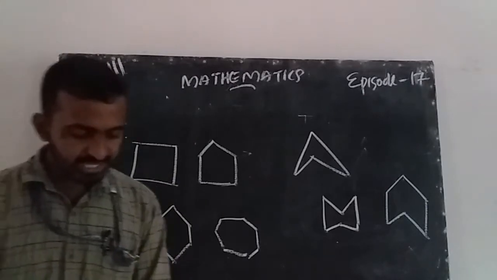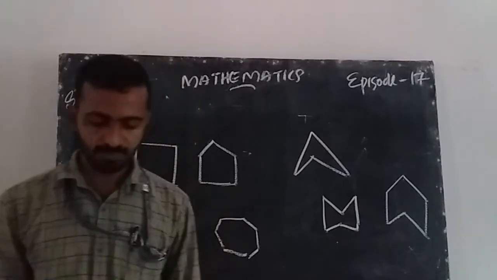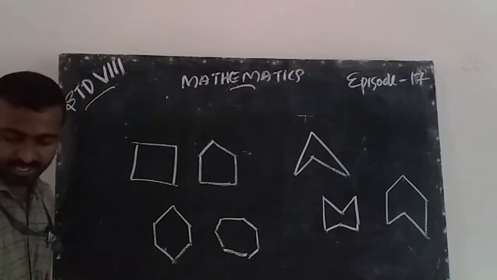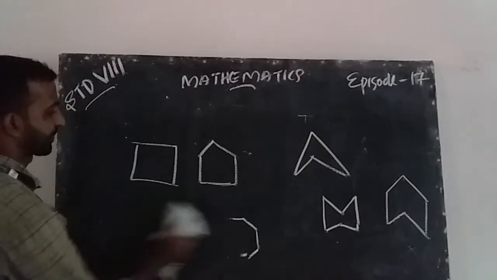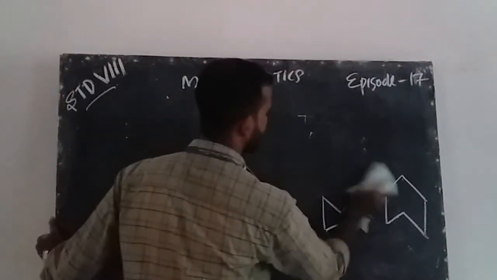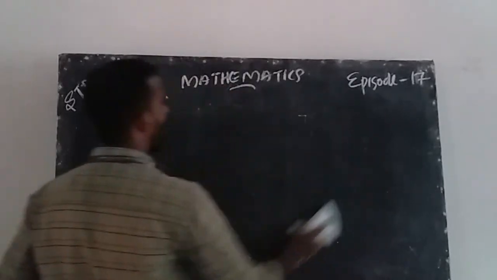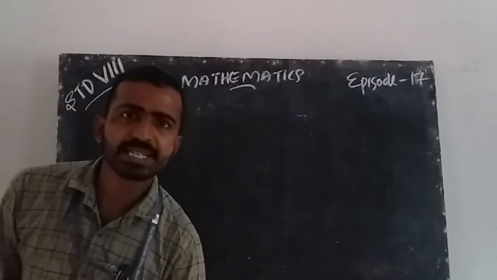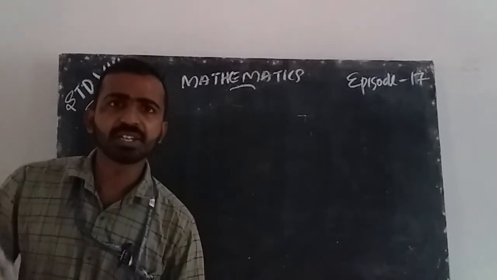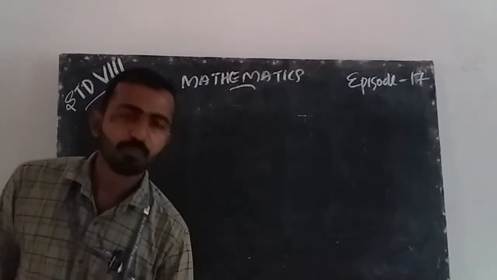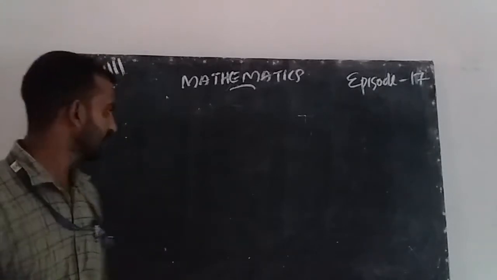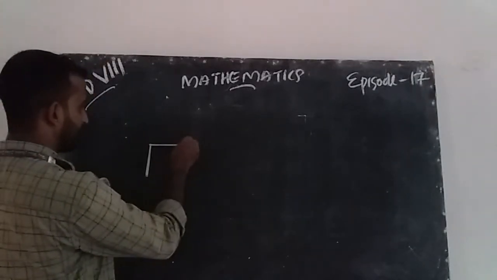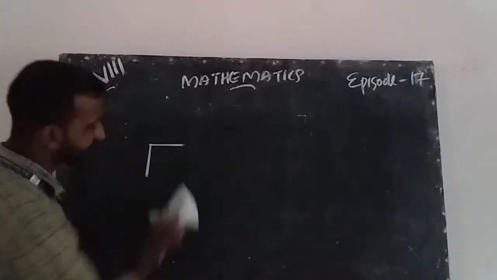Next is regular and irregular polygons. A regular polygon means its sides and angles must be equal.